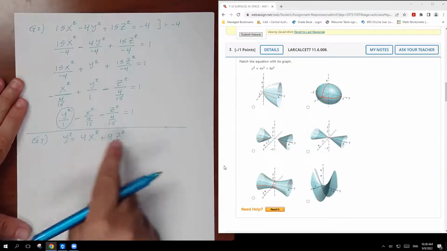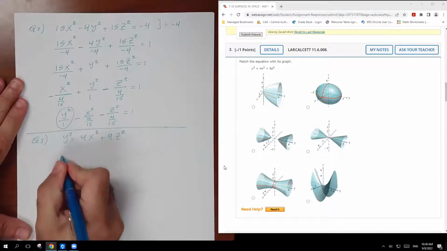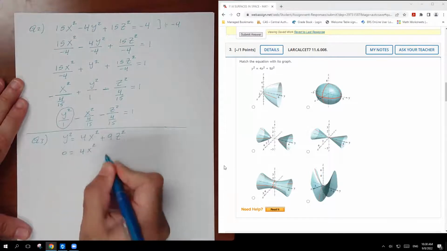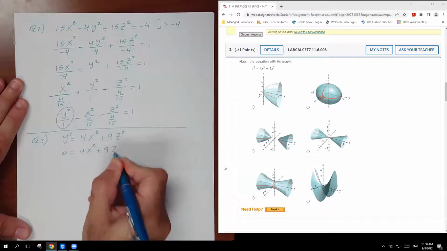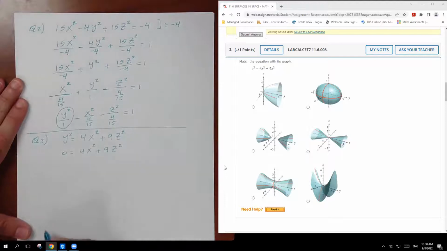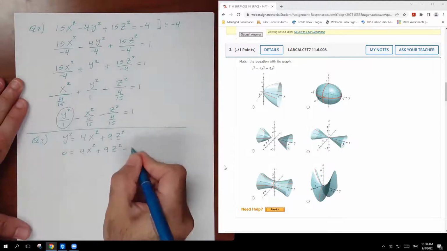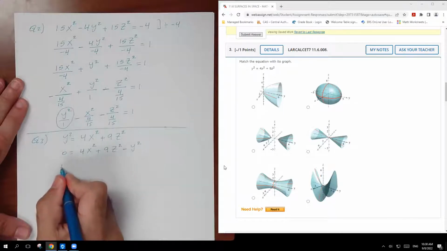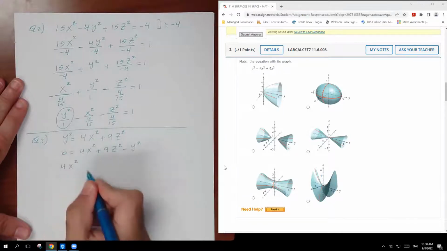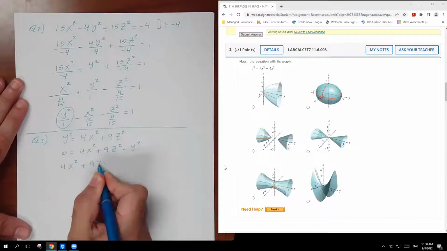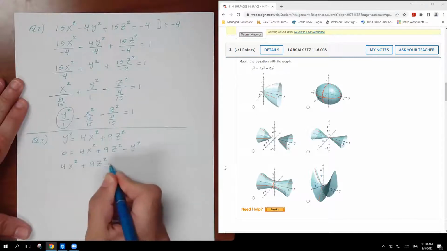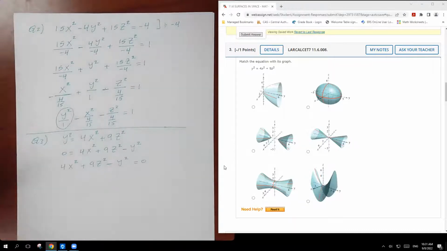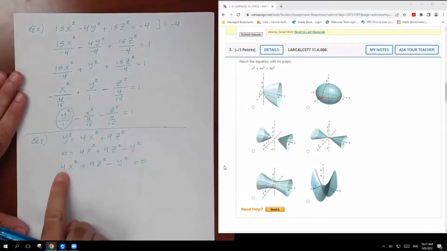So it's going to be 0 equal 4x squared plus 9z squared minus y squared. It's exactly the same thing, 4x squared plus 9z squared minus y squared equals 0. Now I need to cancel the 4 and the 9.